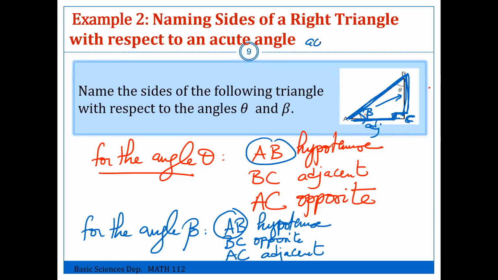Don't forget acute. شو معناها acute؟ حادة، يعني بين 0 و 90. So we have 2 acute angles, the corresponding sides adjacent و opposite.